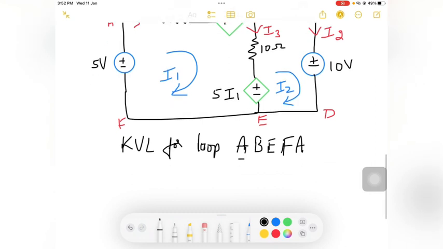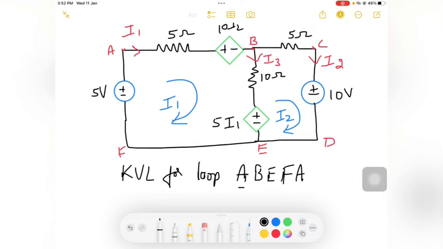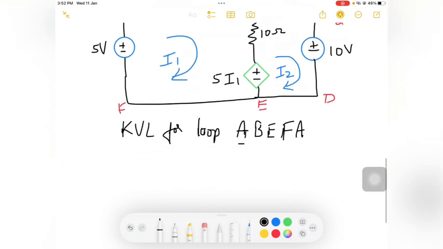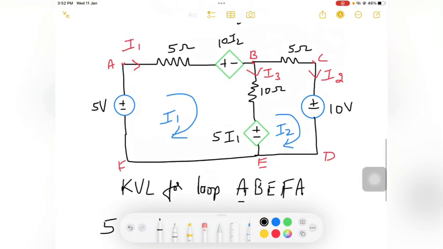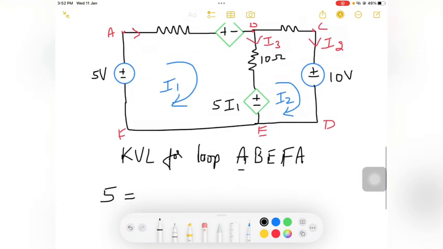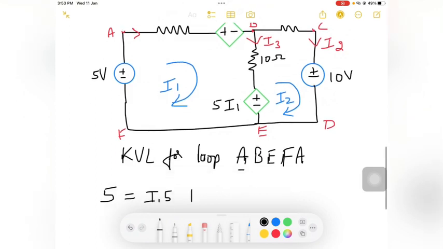Now I will write an equation for this. Here the current I consider is I1. I can equate with the voltage source initially, since the voltage was given. The voltage source in the first loop is 5, which is equal to, the first resistance is 5 ohms, the current flowing here is I1, so 5 into I1, plus there is a dependent source.